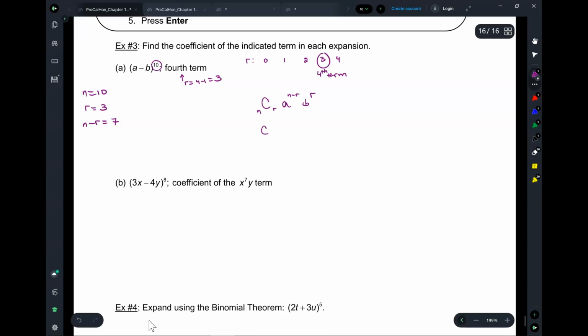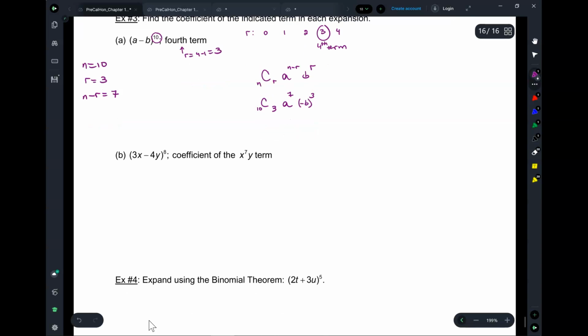So this is going to be C(10, 3), a to the 7, b to the how much? 3. But what is b in this case? It's actually negative b. 3. All right, I know I'm right.